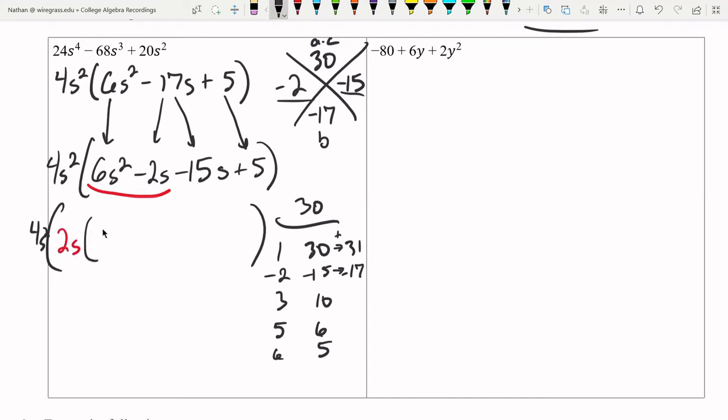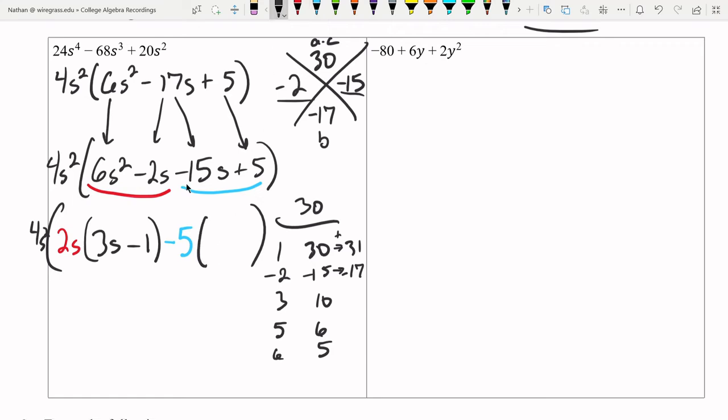That leaves me with 3s minus 1. I divide it out of negative 2s, so I get negative 2s divided by 2s is just negative 1. Now I look at the next two terms, and I ask the same question. What's the greatest common factor? It's going to be 5. Because this is a negative, if it were a plus, I'd put a plus here. In this case, it's a minus, so I'm going to put a minus here. I'm going to take out a negative 5.